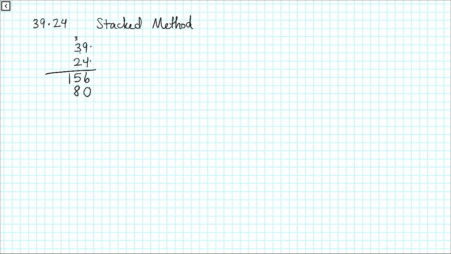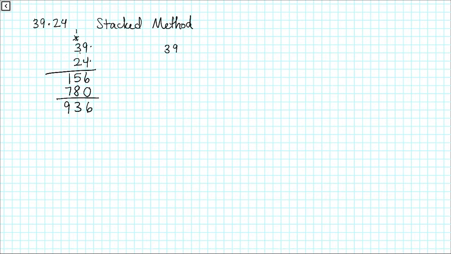I write down the 8 here, and then I carry the 1, which is different from the 3 that I carried before. And then I do 2 times 3 is 6, and then add this 1 is 7. Okay, and then I add these two numbers up. 6, 13, 9. Okay?